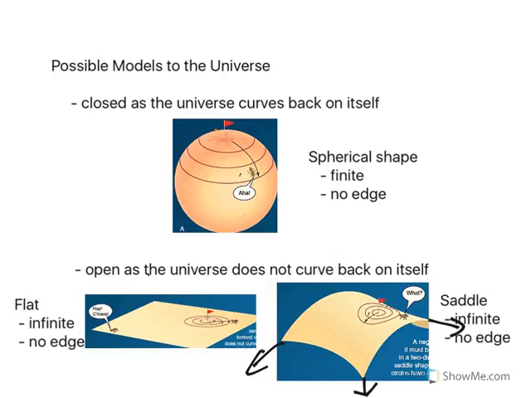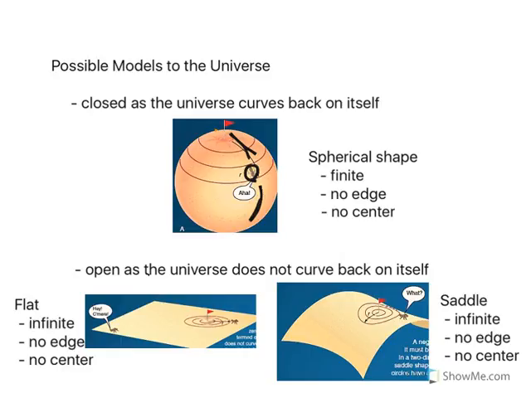Now, if you can't find an edge to a universe, then you can't find the center of the universe. In all three examples of possible shapes, we don't have an edge. Therefore, we don't have a center. So notice in all three cartoons that we have an ant that is crawling on a surface. So in the closed model of the universe, we have an ant, and the ant is walking around on the surface.